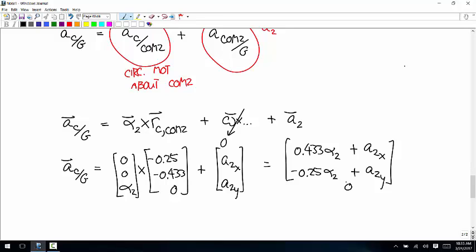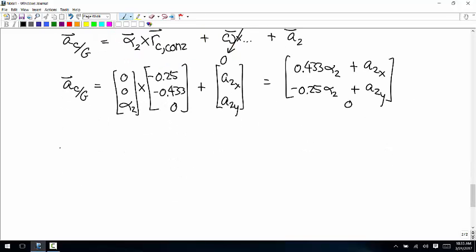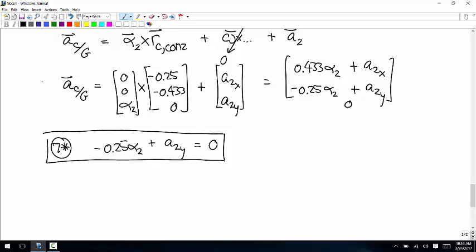And now remember that the constraint we're looking for just says that pin can't accelerate up or down. It can't jump out of the slot. So it's the y component that we want to set equal to 0. And so our seventh equation says negative 0.25 alpha 2 plus a2y is equal to 0. Any questions about that one?